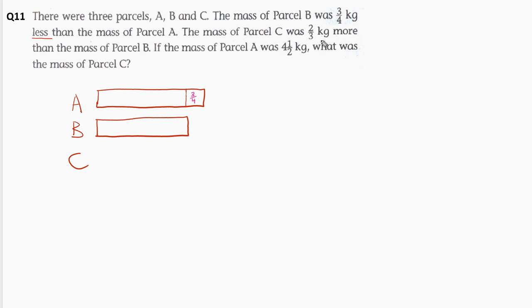The mass of parcel C was 2/3 of a kilogram more than the mass of parcel B. So again, C is bigger. All right. Now, 3/4 and 2/3 are very similar in size. 3/4 is a smudge bigger. I think that's probably about right.